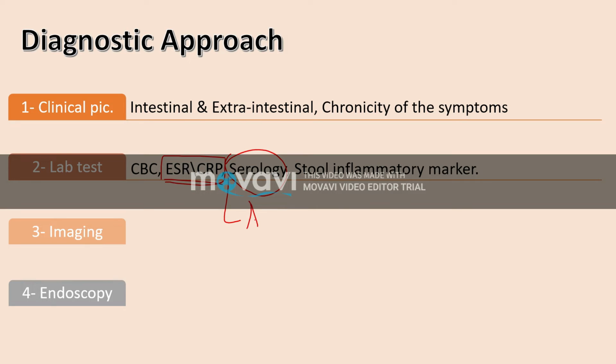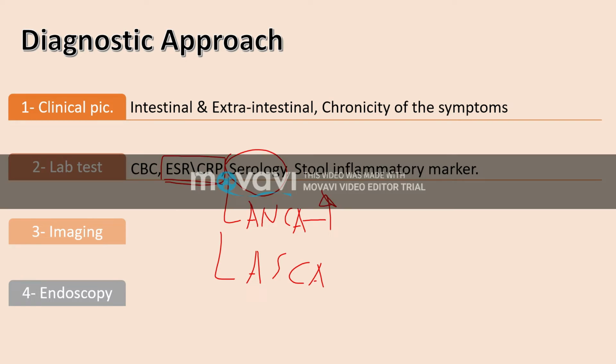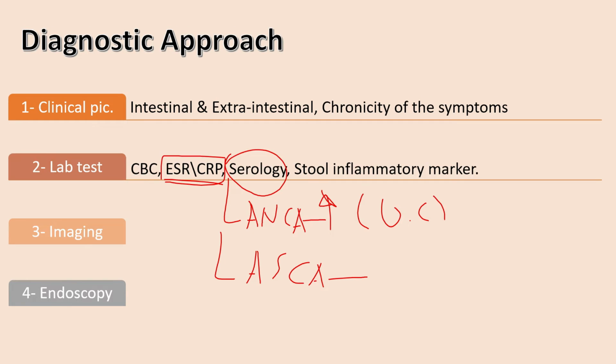Regarding the serology, we have two important autoantibodies, the ANCA and you have ASCA. ANCA is usually elevated in case of colonic inflammation, which is more specific to ulcerative colitis. ASCA, on the other hand, is more elevated in inflammatory process affecting the small bowel.